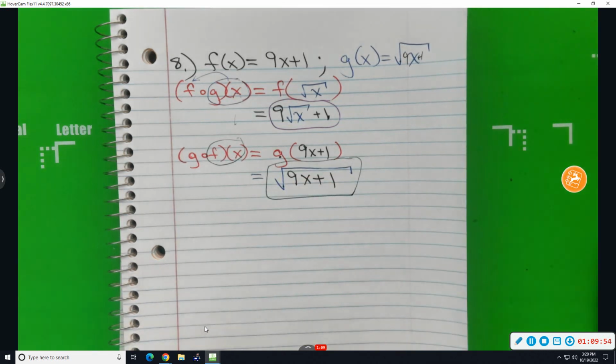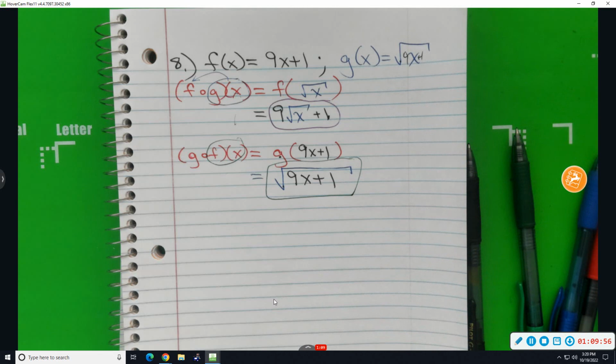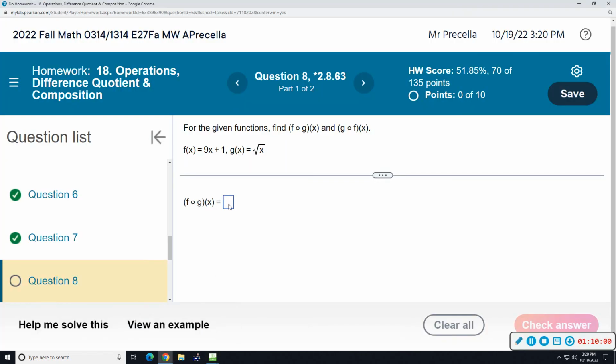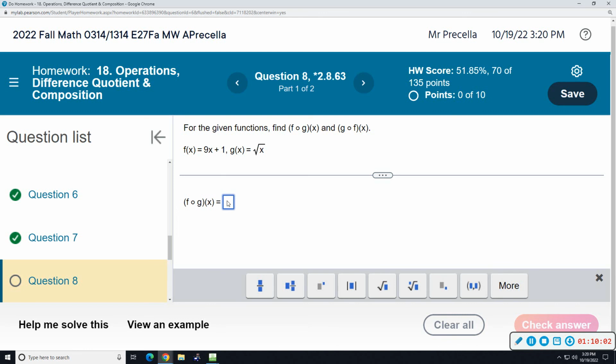Let's type in our answers. F composed with g of x, we have a 9 square root of 4. Is this what I want? Is that what I wanted to type? No, remember?